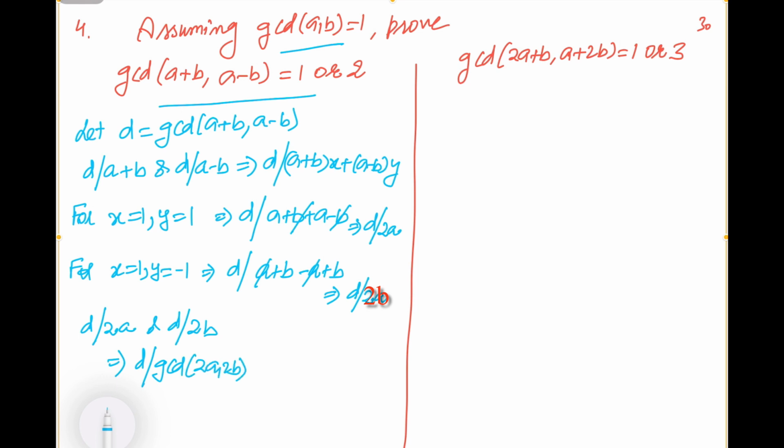And we know that GCD of KA and KB is K times GCD of AB.